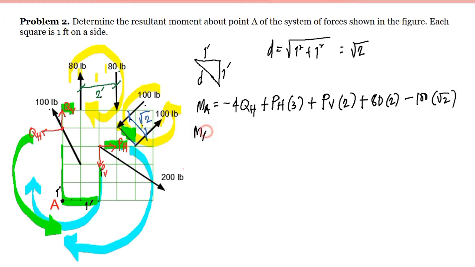So computing for the moment at A is equal to negative 4 multiplied by the horizontal component. In order for us to determine the component, of course, we will determine first the slope, kasi gagamitin natin yung slope in computation. So for this, you have 1, 2, so that's 2 rise, and that's 1 run.